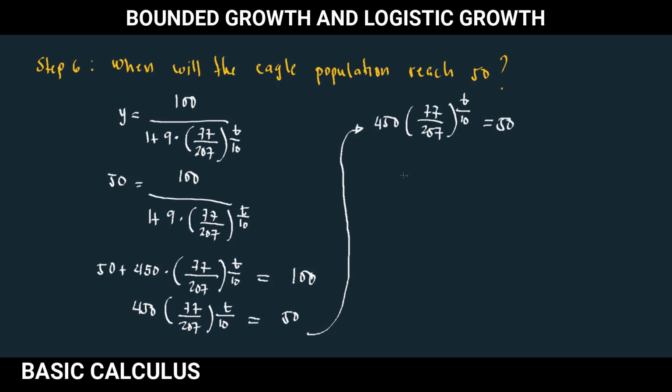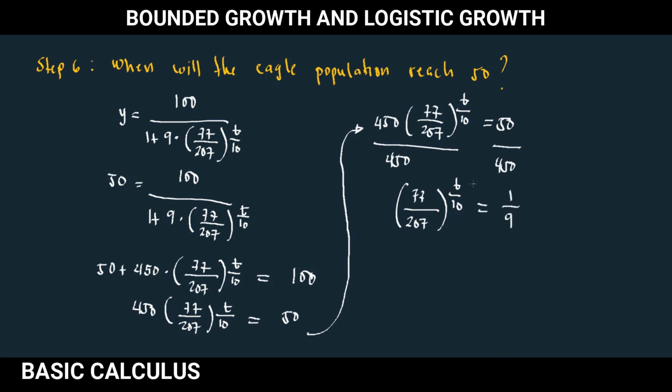Again, let's divide both sides by 450. So here we're left with 77 over 207 raised to t over 10, and here 50 divided by 450 is equal to 1 over 9.